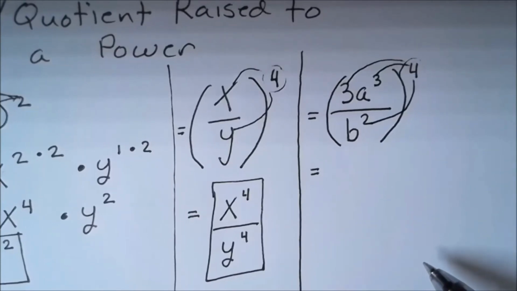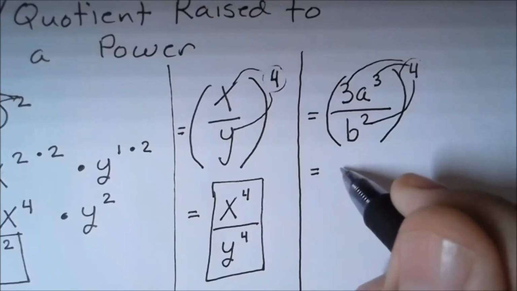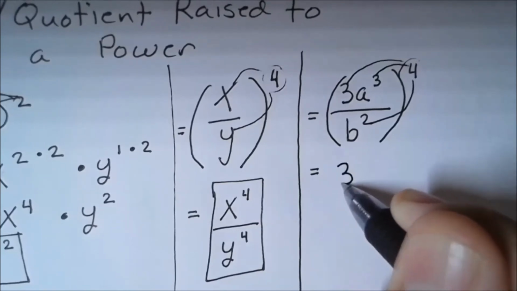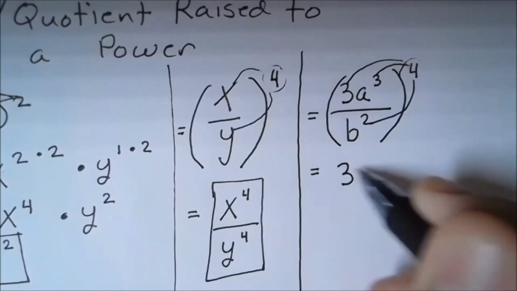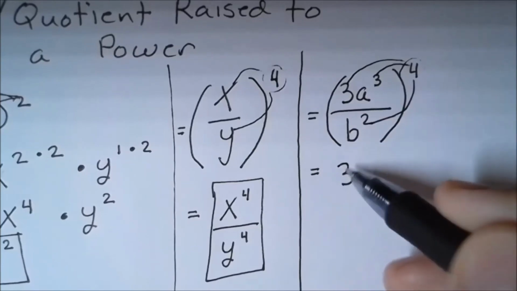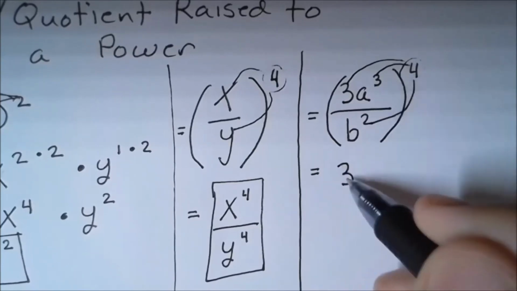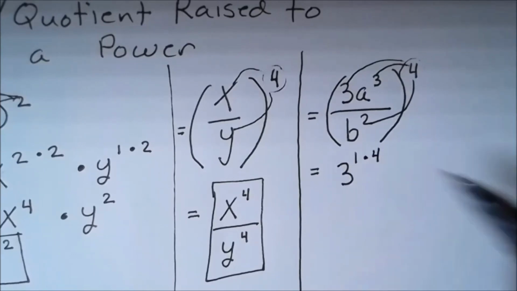So if we were to do that, and we want to see what it looks like, we would end up with 3 to the power, and notice I'm not going to put this one in parentheses. It is an integer, but it doesn't have a negative sign, so I'm not going to worry about putting parentheses. So I'm going to have 3 to the power of 1 times the power of 4.